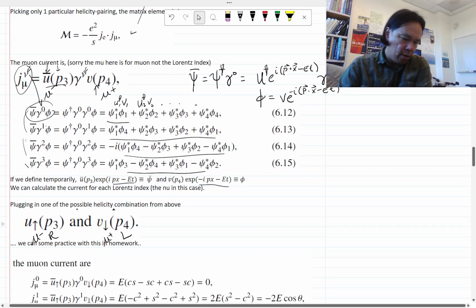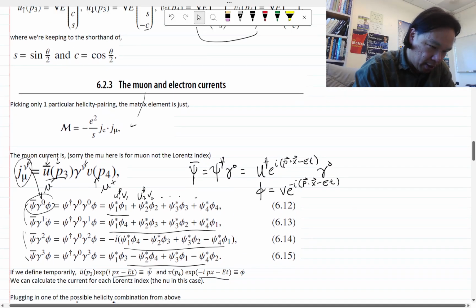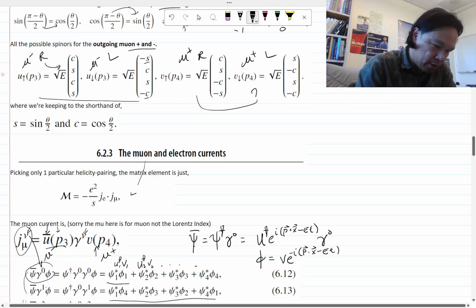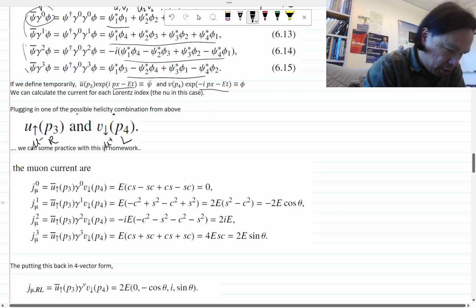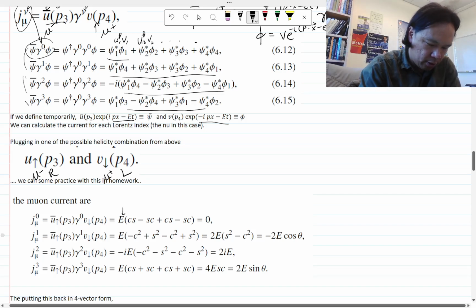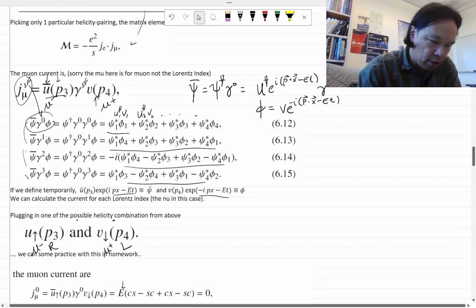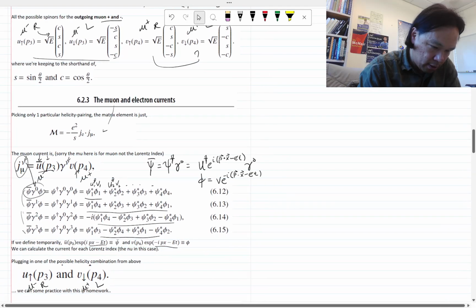If we plug those in here, basically plugging these giant equations in here, what's going to happen is that J0 is going to follow this equation here, and it's going to be whatever the energy is. There's two, because each of them, let me just copy this down here so that we can see it easily.